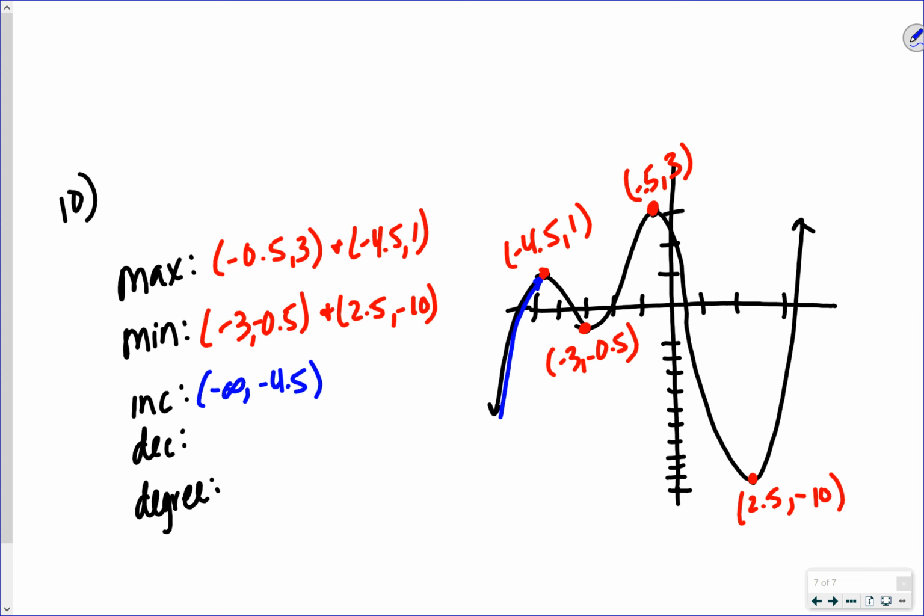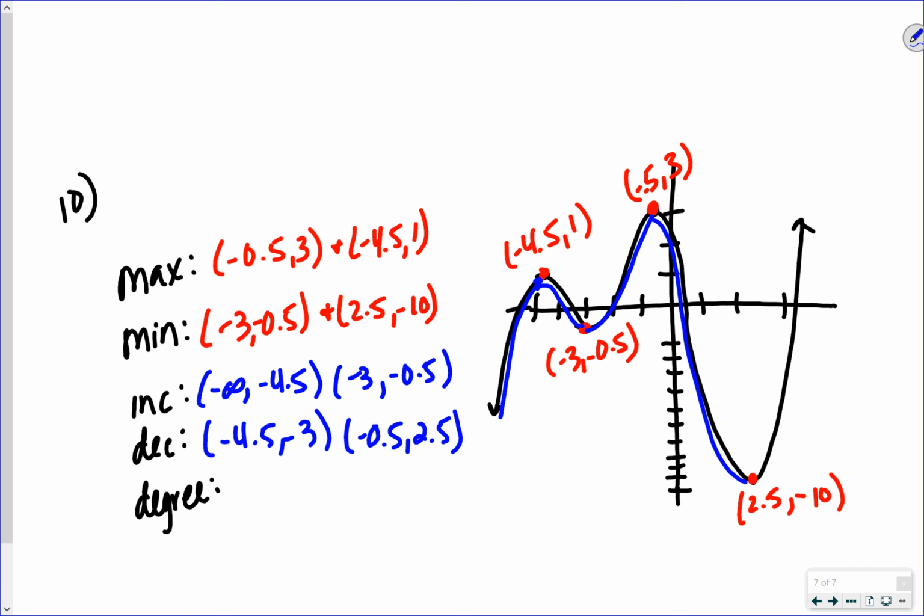And then I go down from -4.5 until -3. And then I go back up from -3 until -0.5. And then I go down from -0.5 to 2.5. And then I go up from 2.5 to forever.